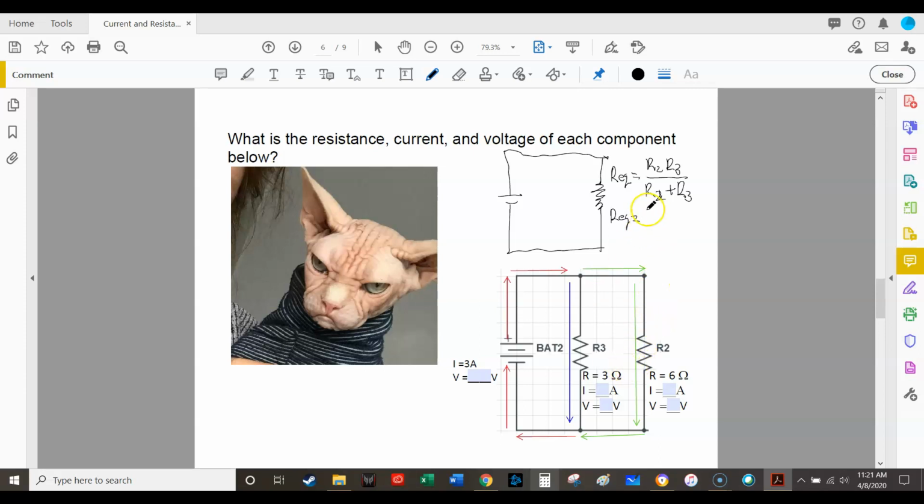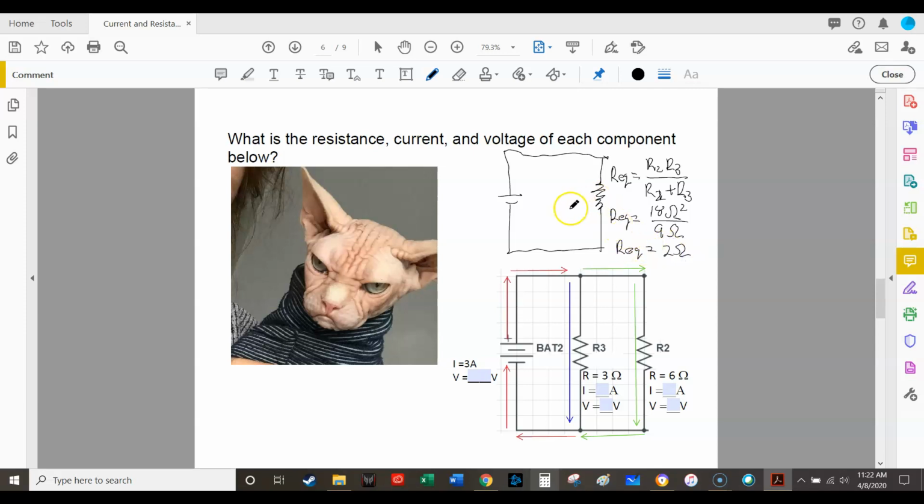So R2 times R3, that's 3 ohms times 6 ohms, which is 18 ohms squared. And then the sum, 3 ohms plus 6 ohms, is 9 ohms. That means the equivalent resistance here is 2 ohms.